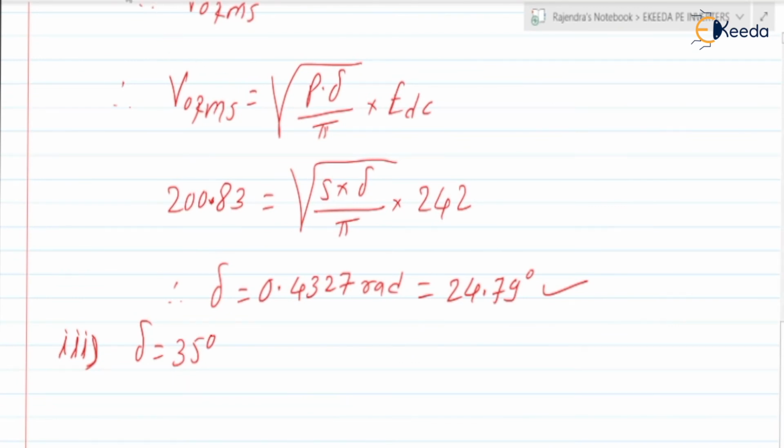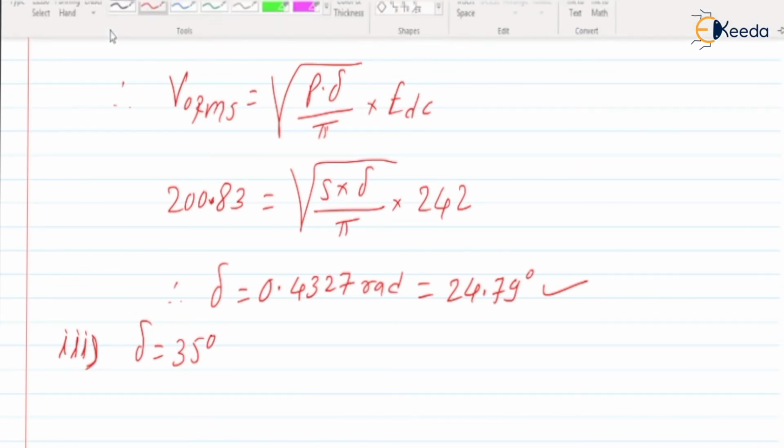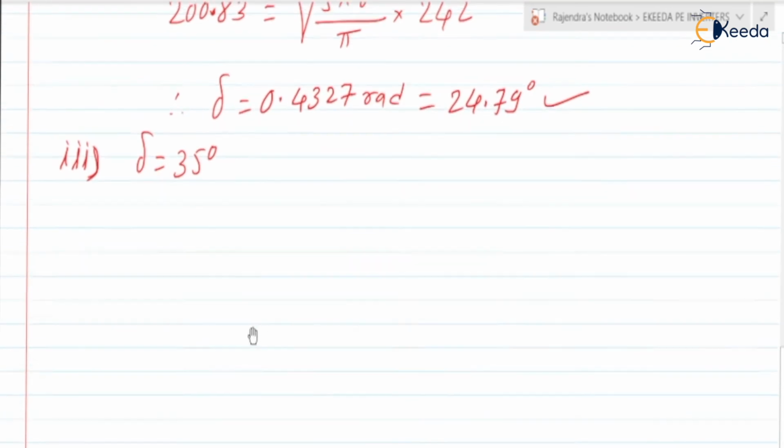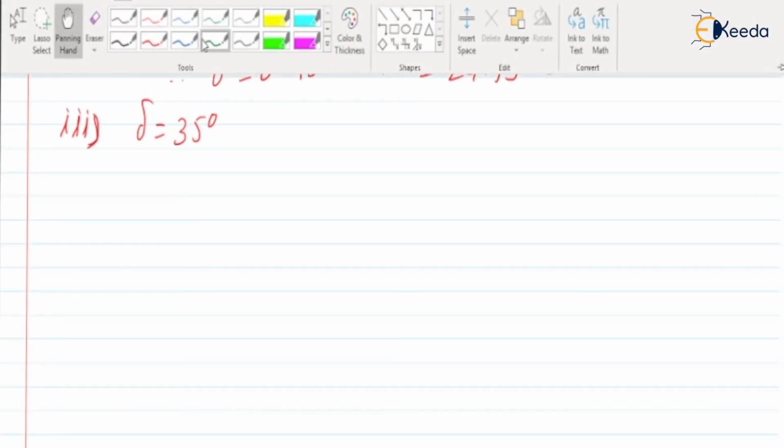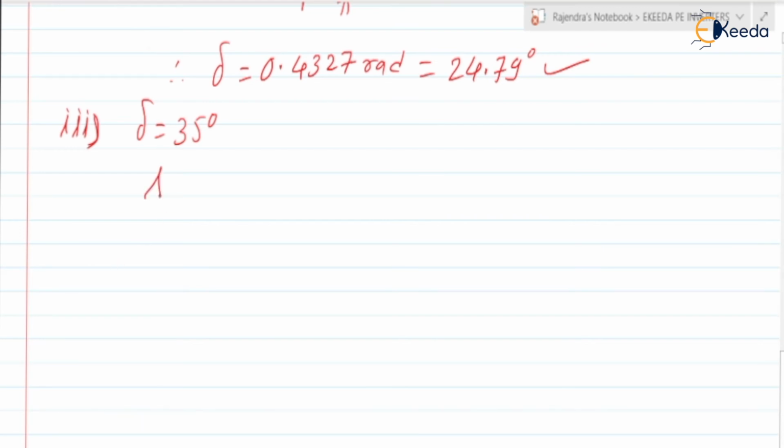In order to maintain the same load power, our task is to find the EDC. As P0 is the same, therefore V0 RMS should be the same.